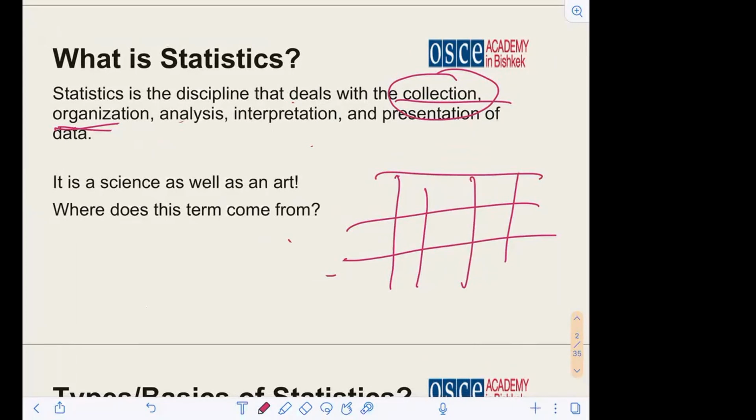And eventually, if the interpretation is not correct, we know that the presentation of data is not going to be effective.